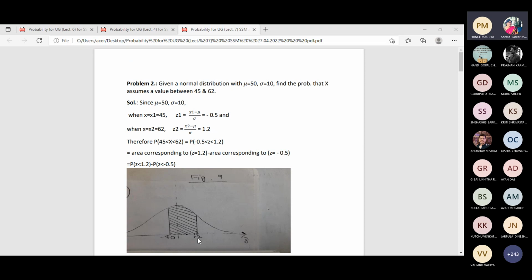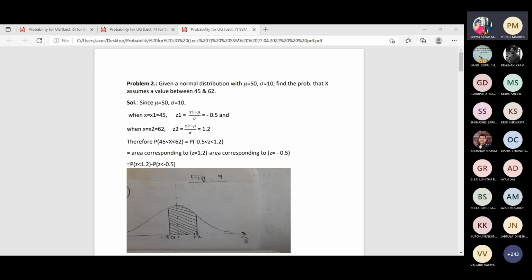So whatever area is given, remember that this area is only in terms of Z, not in terms of X. But ultimately you have to find the value of X. So first you find in terms of Z, and then you know the conversion Z is equal to (X minus mu) by sigma, where mu is the mean corresponding to the X variable, and sigma is the standard deviation corresponding to the X variable, because for the Z variable the mean is always 0 and the standard deviation is always 1.